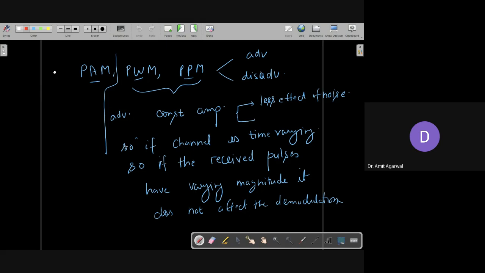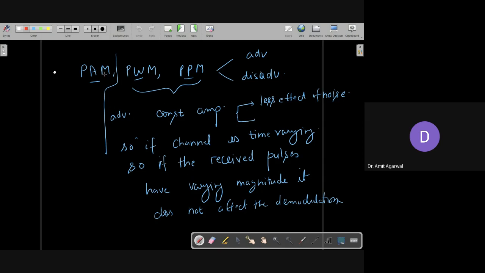See, if your channel is varying, your gain is varying with time, and if you send your PAM signal, the magnitude of the received pulses will be changing, right? And it will affect the demodulation process. But if your information is not in the amplitude, then variation of the channel will not affect the demodulation process. So this is one advantage.